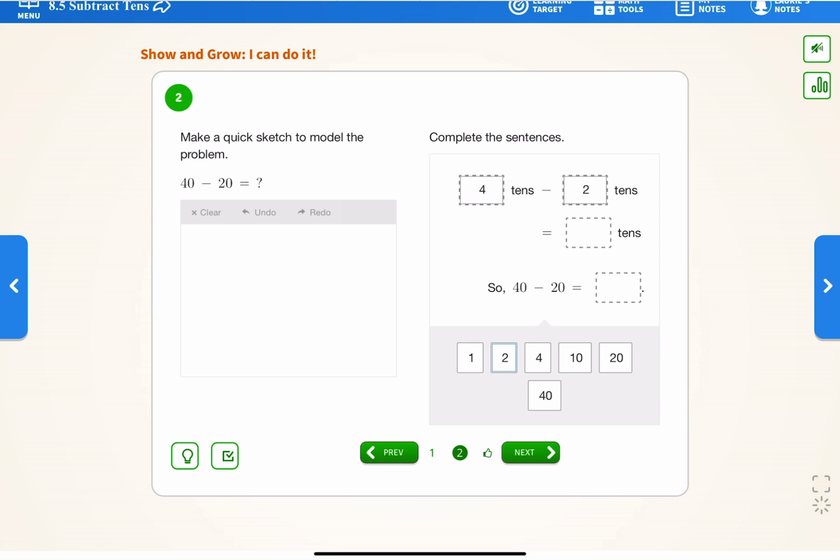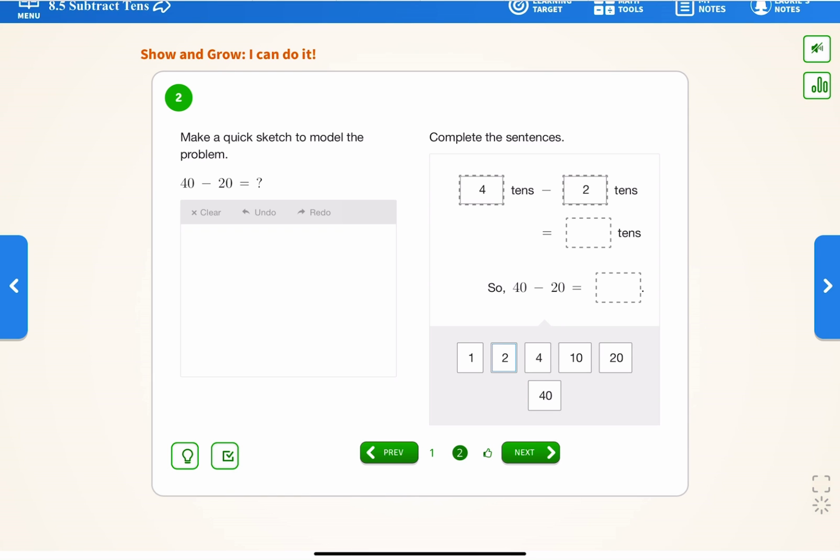So how will we make a number model for 40? Well, I like to look at my tens place first, or the highest place value. So in this case, the tens place is going to be the highest place value for 40. So for 40, we would draw how many rods, how many long rods to represent 10?